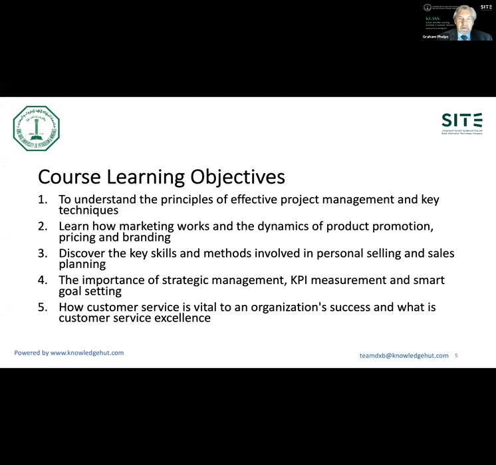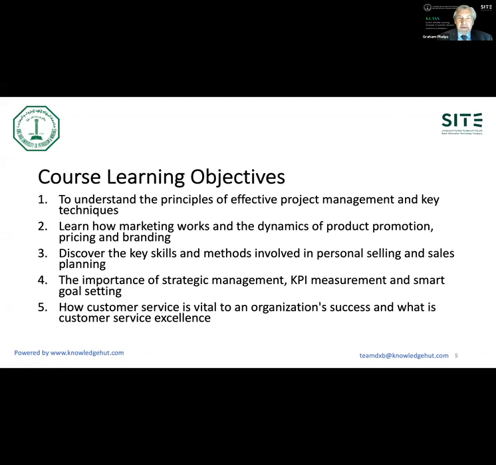The overall goals for this week is to give you the principles of effective management, to give you a really good understanding of how marketing works, and particularly the dynamics of product promotion, pricing, and branding. When it comes to selling, we're looking at the key skills and methods that people use when they're trying to persuade others, either in a business selling or a consumer selling market.